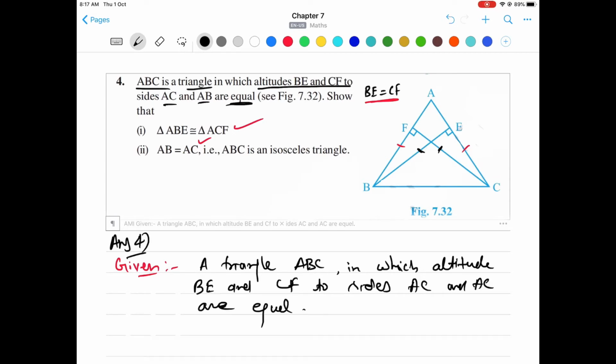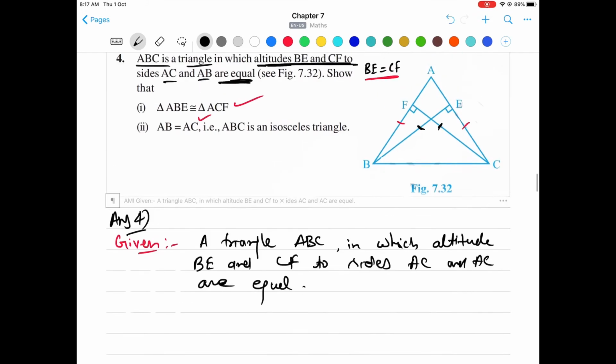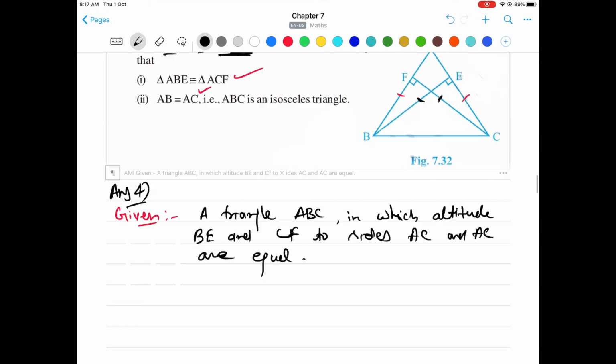Okay, so what it's saying, the altitudes BE and CF are equal. We have to prove here two things.